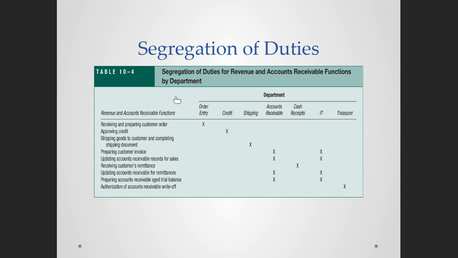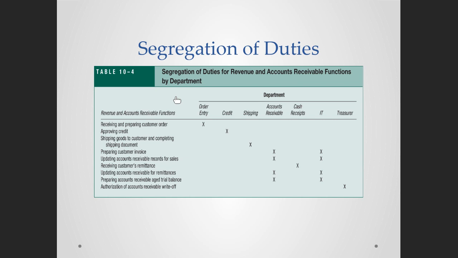Segregation of duties is beneficial in two big ways. There are many benefits, but there are two primary benefits. The first benefit is that it minimizes fraud. If multiple people are involved, it is difficult for one person to steal cash without getting caught.